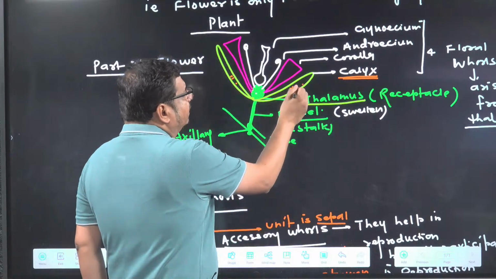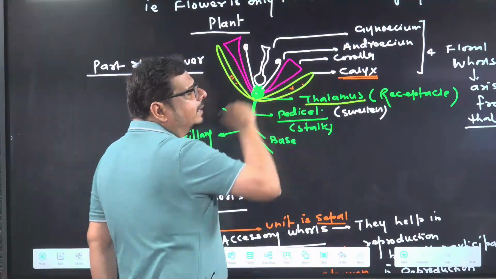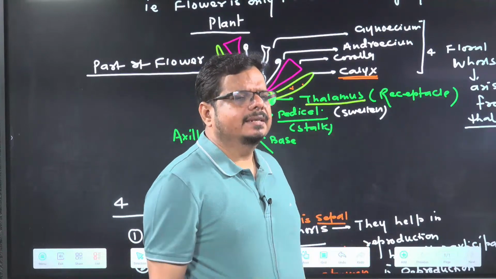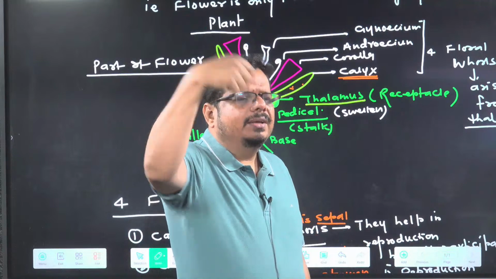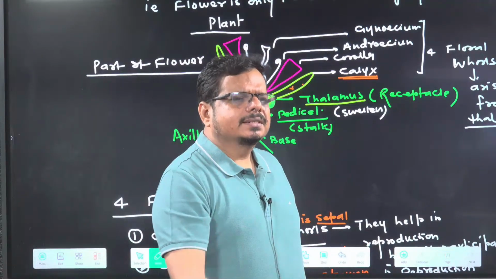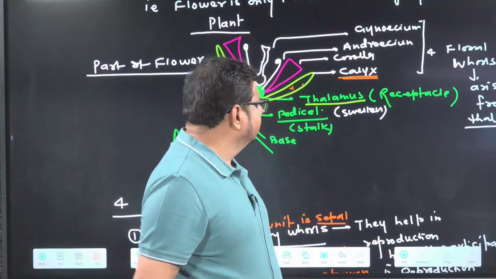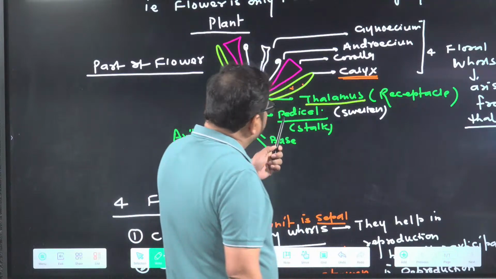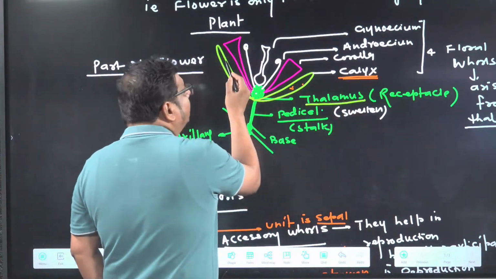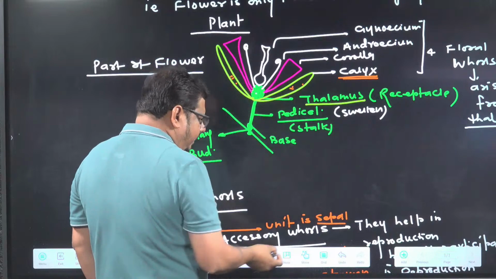This is a sepal. All together, it is what? Calyx. Picture came or not? So the name of the whorl is calyx, but each component leaf, that is the unit, is called sepal. The unit is sepal and the whorl is called calyx. Is it clear or not?